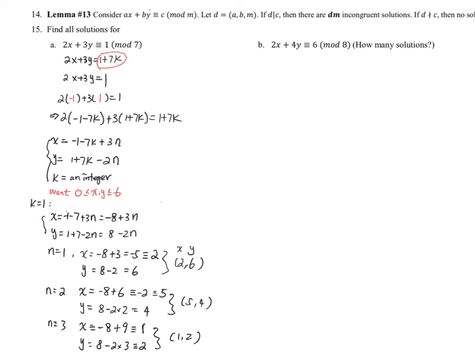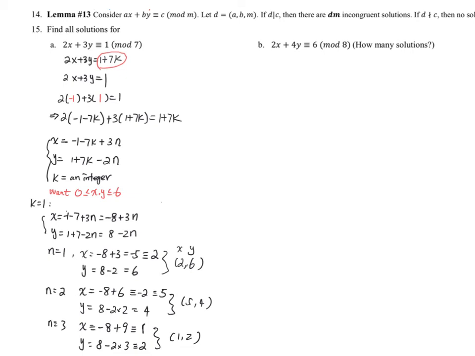Now when n is equal to 4, x is congruent to negative 8 plus 3 times 4, which is 12. And this is congruent to 4. And what is y? Y is congruent to 8 minus 2 times 4.